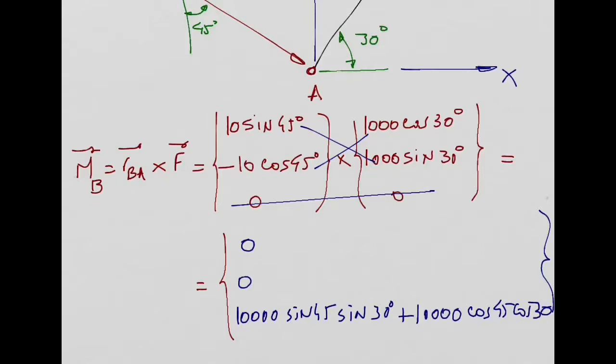So let's see. If you have, for example, a position vector like this, RBA, and a force vector like this, imagine this case where this angle is 90 degrees. Let's make it 90 degrees. It will work the same.